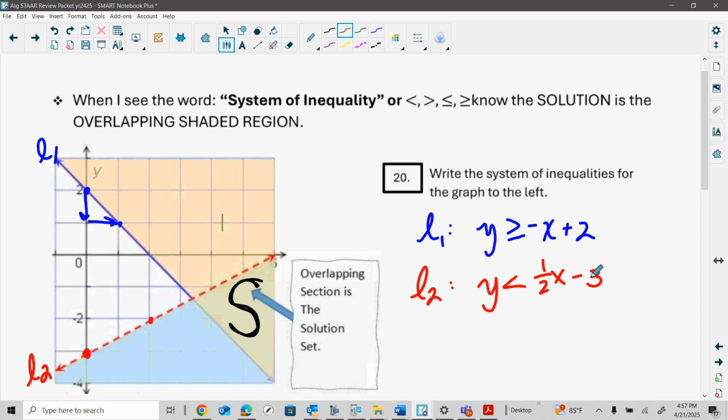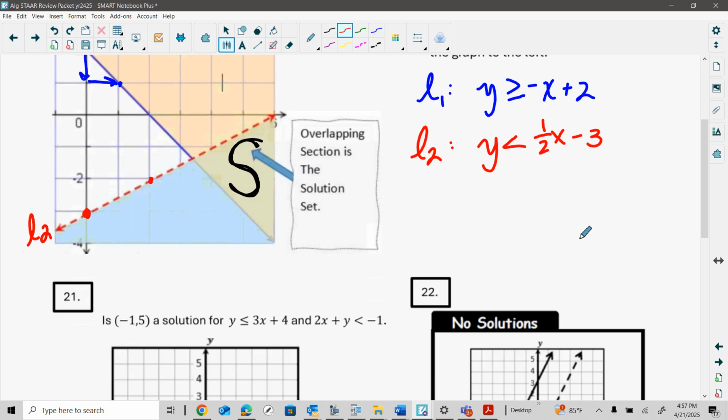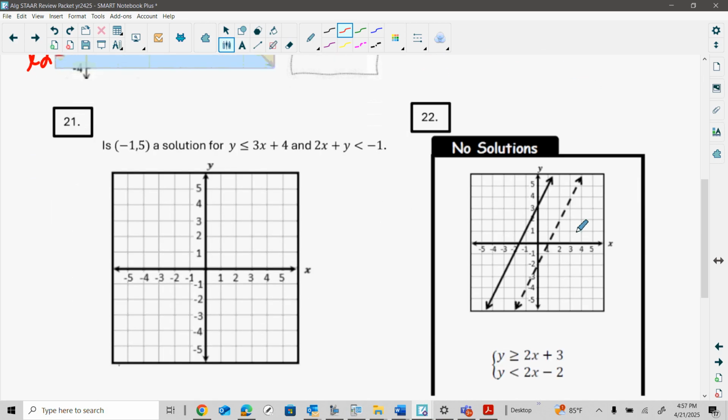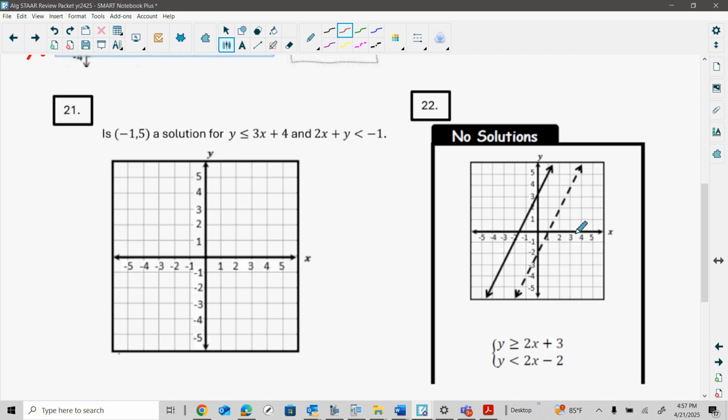So sometimes you have to come up with the inequality from the graph. And sometimes, if you look at 21 and 22, we just want you to graph them. So we practiced one line. Let's see if you can just practice shading for 2. I'm going to start with the first inequality as my red line. We start at positive 4. It's a slope of 3. I can't go up 3, so I'm going to go down 3, 1, 2, 3, and then to the left 1.